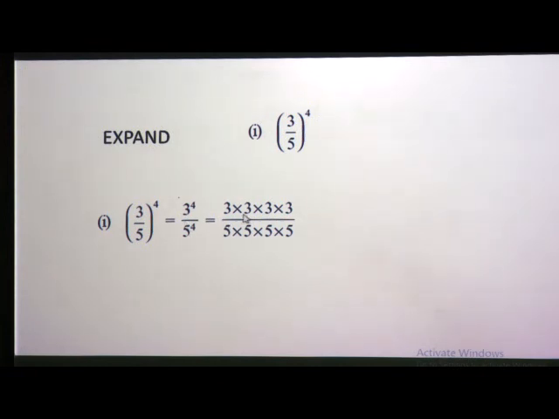Now, do you know the expanded form of this? Yes. So, 3 into 3 into 3 into 3, 4 times. Similarly, in the denominator we write 5 into 5 into 5 into 5, 4 times. So, I had given one example. If it is an expanded form, you have to write in this form.